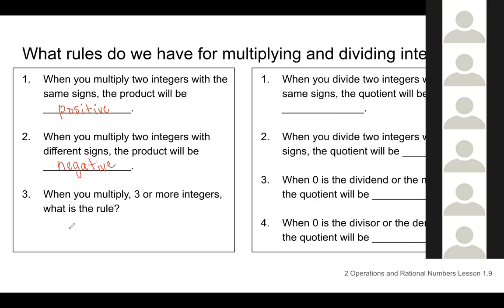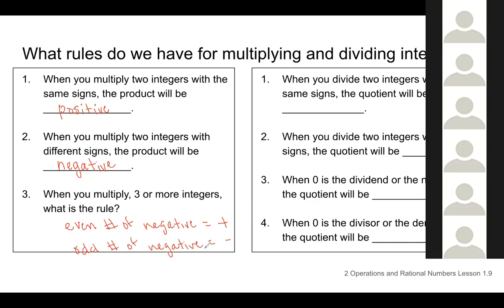Only if you have an even number of negative integers, your answer will be positive. If you have an odd number of negative integers, your answer will be negative.